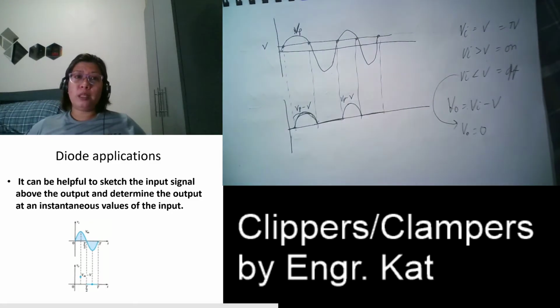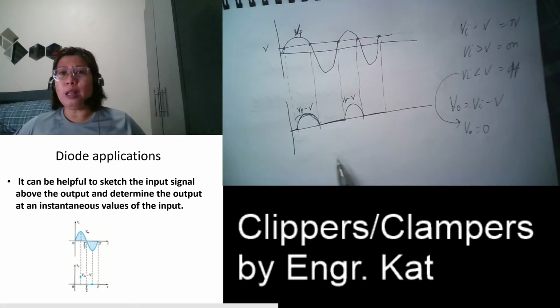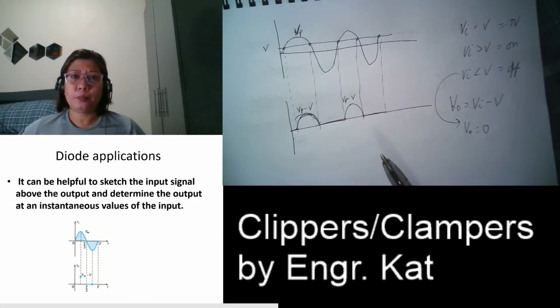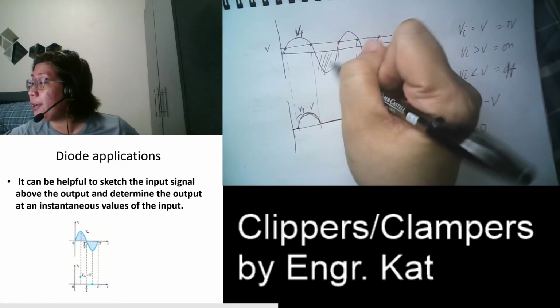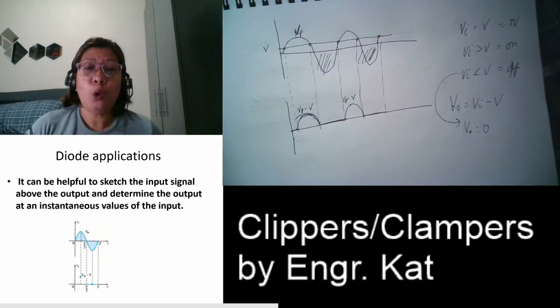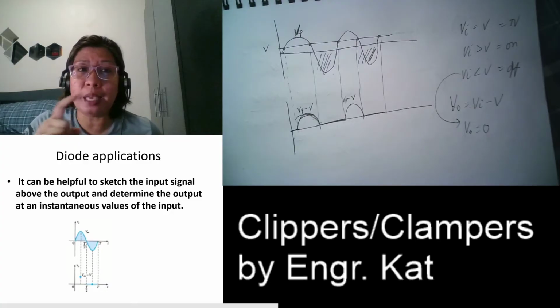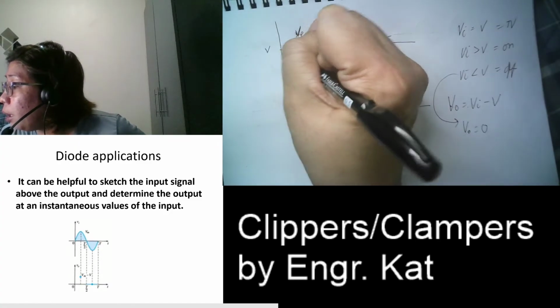So you might be wondering, Ma'am, that is also a half wave. So it looks like a half wave. But really, we didn't remove just the negative half. We removed the entire negative half, and not only that, we also removed everything that was less than your V. So this was also removed.